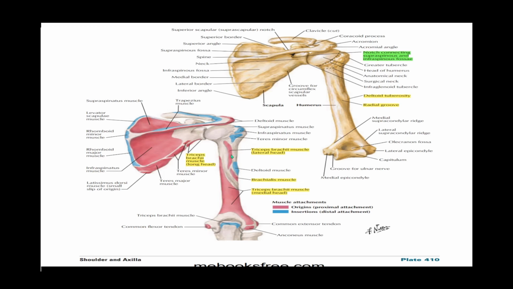A slip origin of the lateral head of the triceps brachii from the upper half of the posterior surface of the humerus, just lateral to our radial groove. This radial groove is a groove for the profunda brachii artery and the radial nerve. They run through this radial groove.